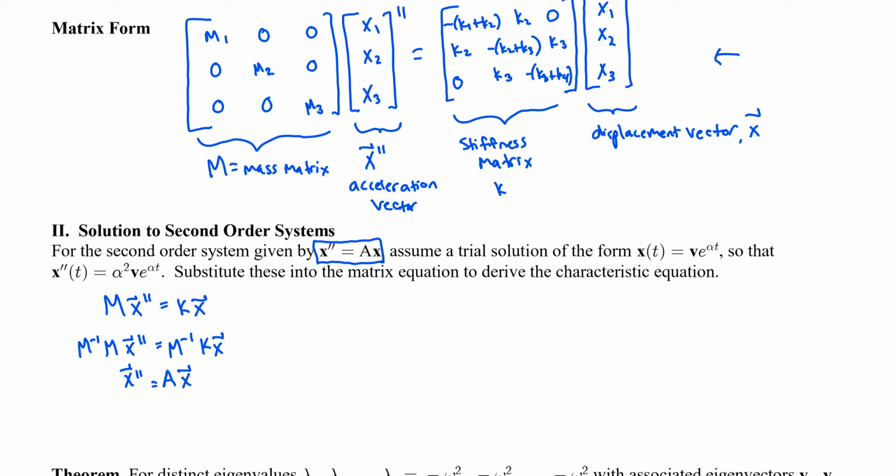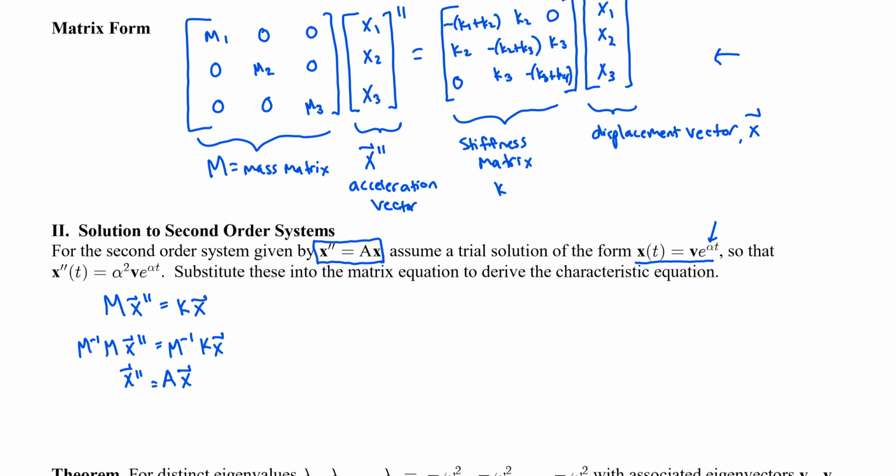It's really close to what we did with first order systems, but we have a second derivative as opposed to a first derivative. As we did with first order systems, we're going to assume a trial solution of the form X equals vector v, that's an eigenvector, times e to the alpha t. Notice instead of lambda, here we have an alpha.